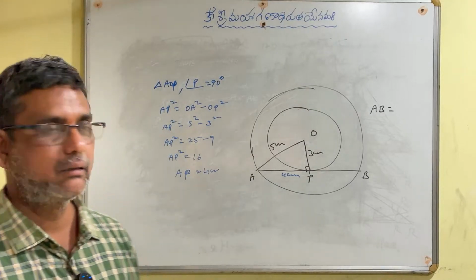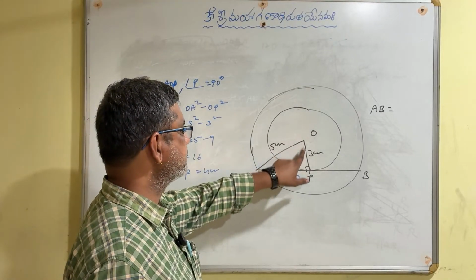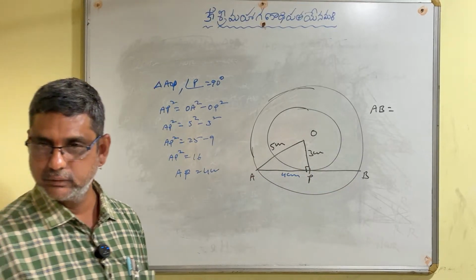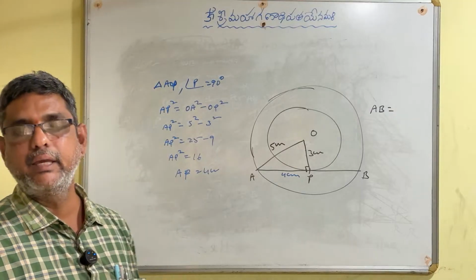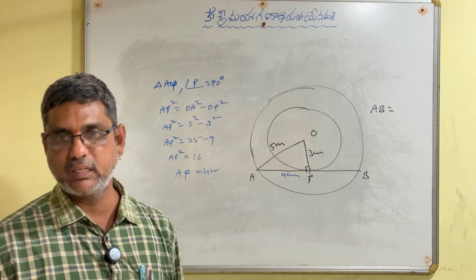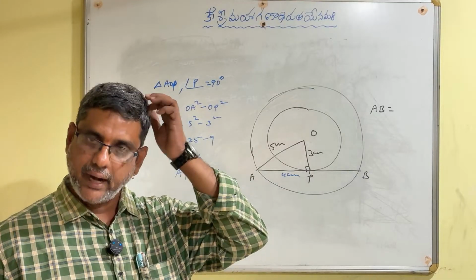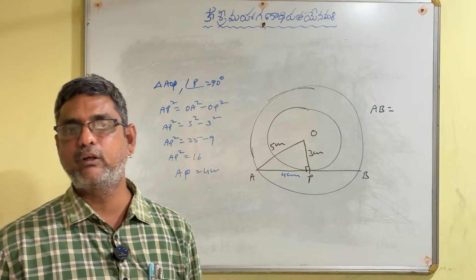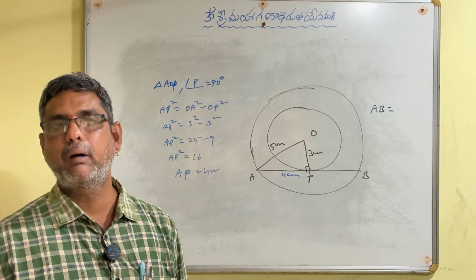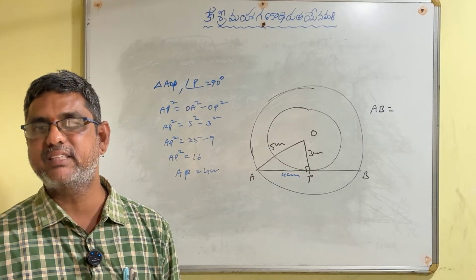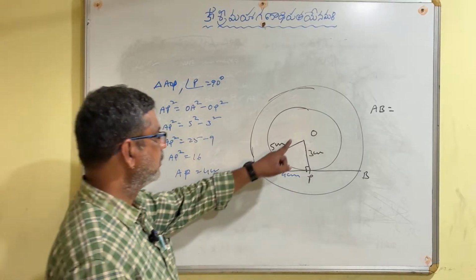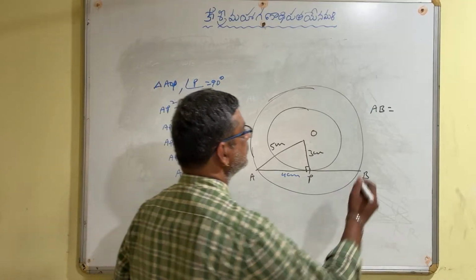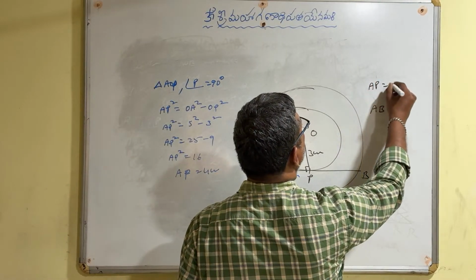We know that the radius is perpendicular to the tangent at the point of contact. Here, AB is tangent to the smaller circle at P and it is a chord of the larger circle. So we have a property of chords: a perpendicular from the center to the chord bisects the chord. That means AP is equal to PB.